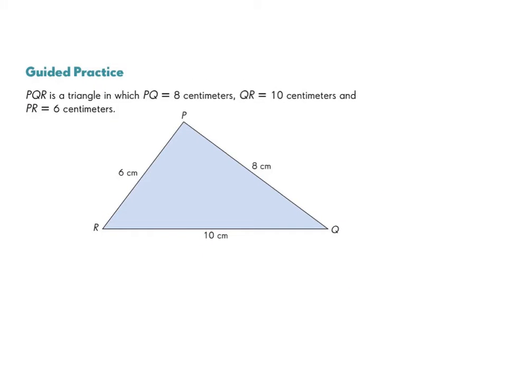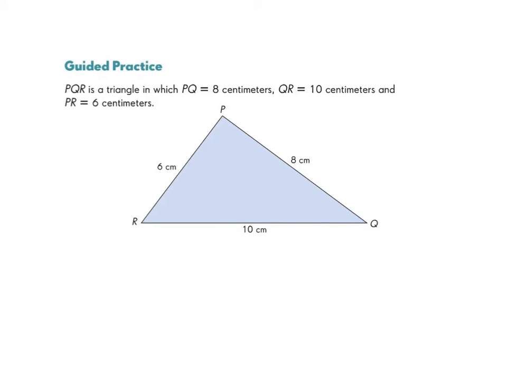In this example too, we've got the same idea here. What are the two shortest sides? The 6 and the 8, right? And those equal a sum of 14. Now is that 14 longer than the third side, the longest side, which is 10? Yes, 14 is greater than 10.